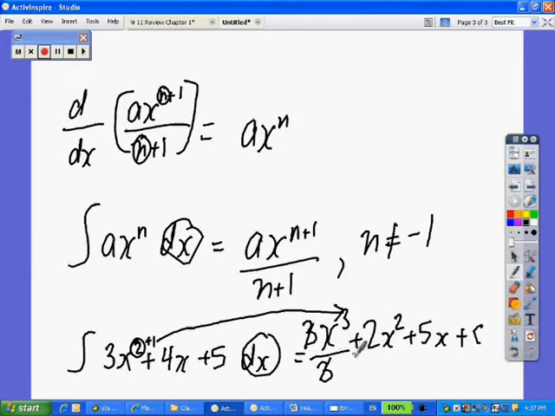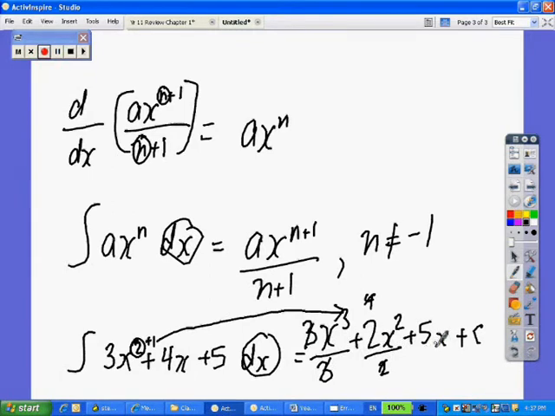Now in this case, this was 4 originally, and n plus 1 is 2, so that was over 2, so those cancel out, and that's where it gives us the 2.